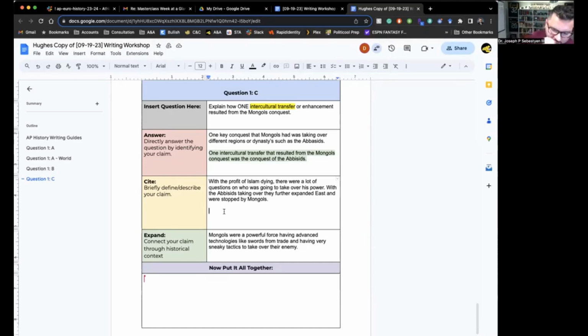So maybe the enhancement was, I don't know, did they take any technology from them? They probably took whatever they traded on the Silk Road. The Abbasids probably had stuff they traded, and the Mongols would take whatever technology they had from other countries.